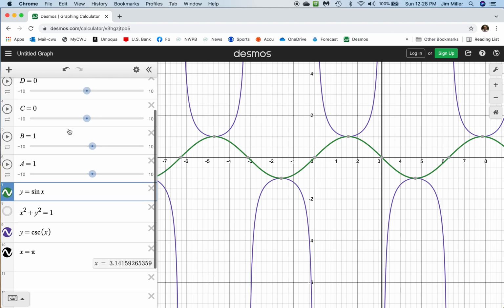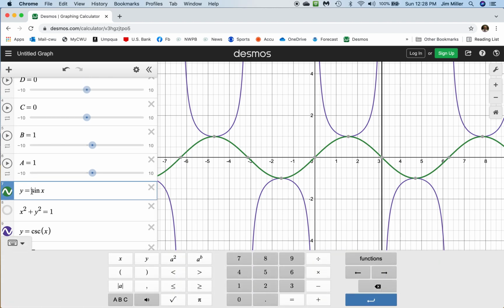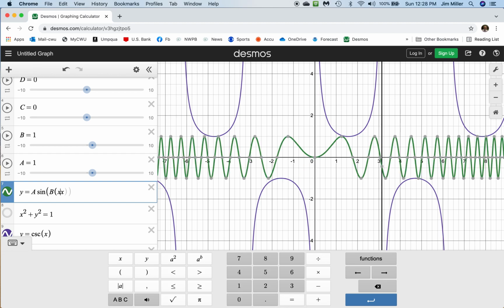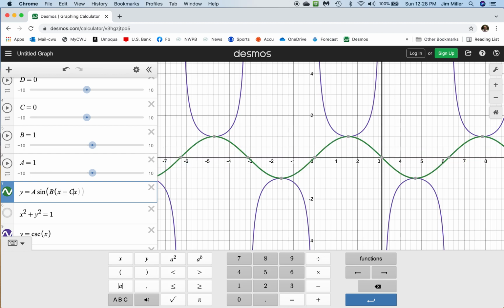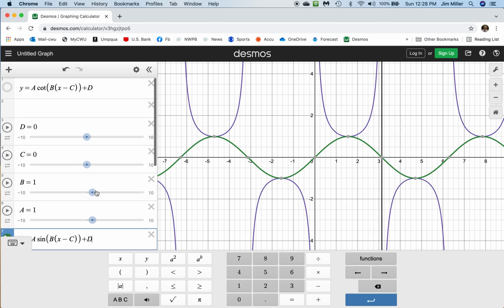So now let's take a look at, I'm going to make sine be sine of parenthesis capital B parenthesis x minus capital C close parenthesis plus D. So there's the sine curve with the same A, B, C, and D as this one if I do cosecant here, CSC.